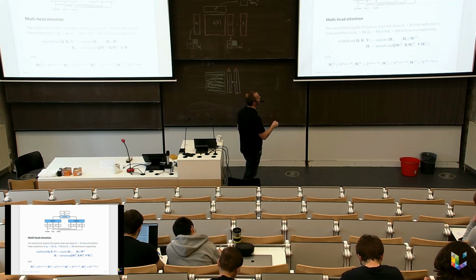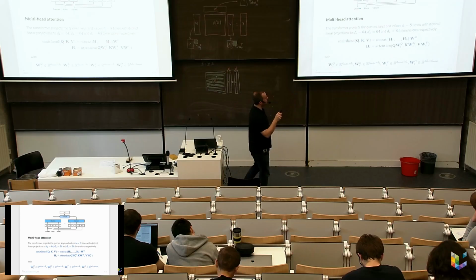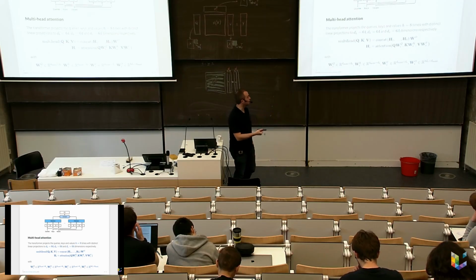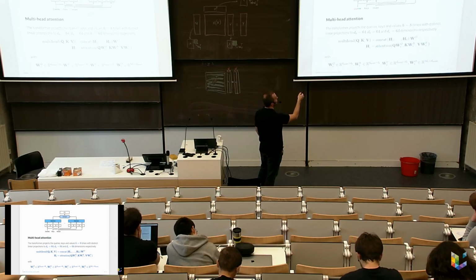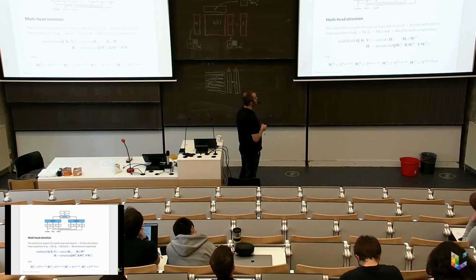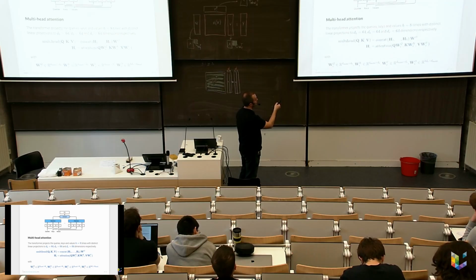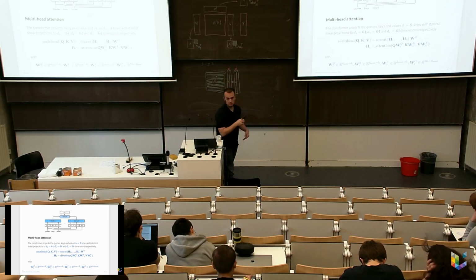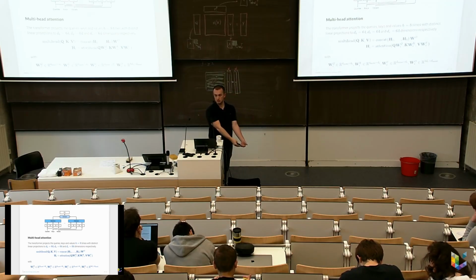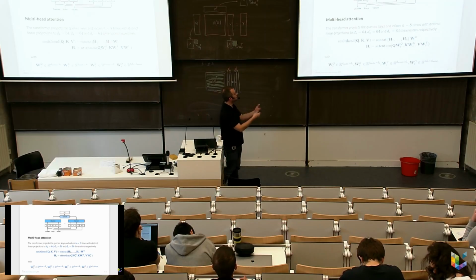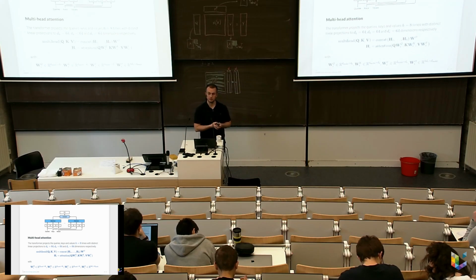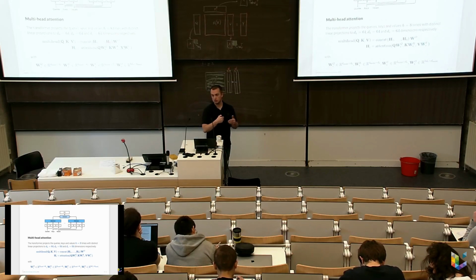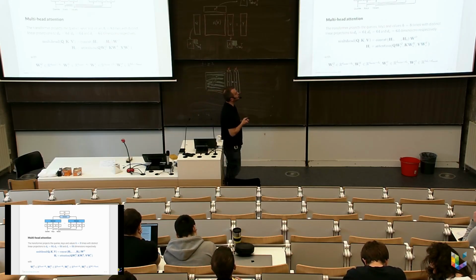You repeat that, every time using other projections which you learn. So there you would have a last self-attention layer, which is tied to its own projections. Each of these self-attention layers produces its own new representation of the tokens. Then to produce the output of the entire multi-head attention module, we concatenate along the feature dimension all these token representations produced by each self-attention module to produce the final output.